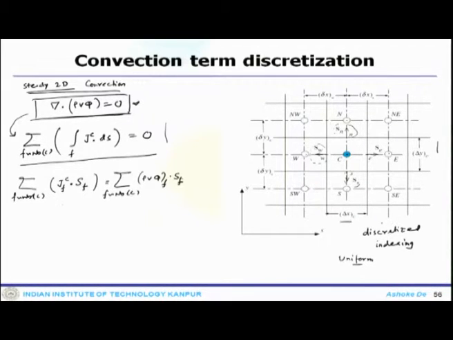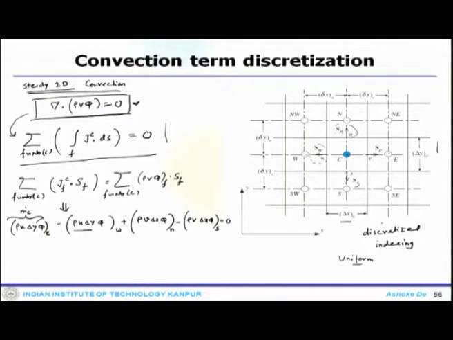If you expand from there, you get rho u delta y phi at the east face, which is nothing but the mass flux m dot E, minus rho u delta y phi at the west face, which represents m dot W, then rho v delta x phi at the north face minus rho v delta x phi at the south face, which equals 0.